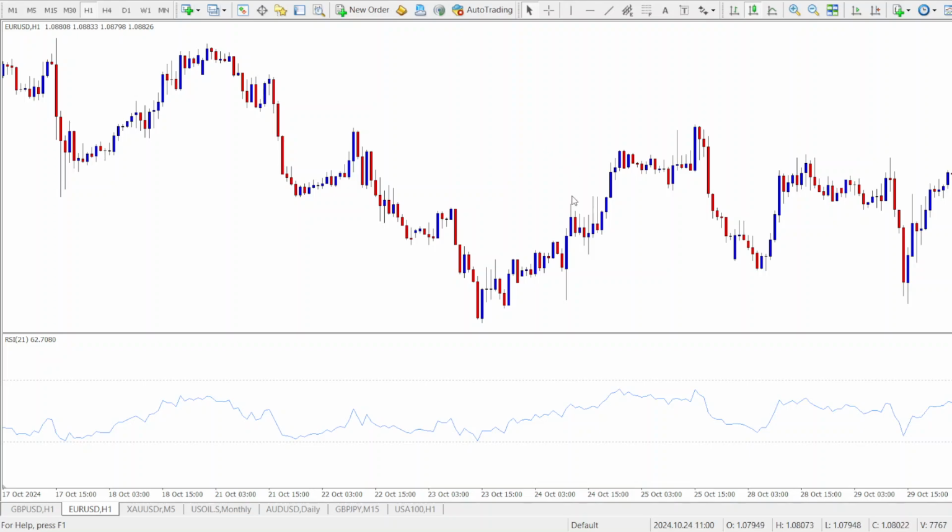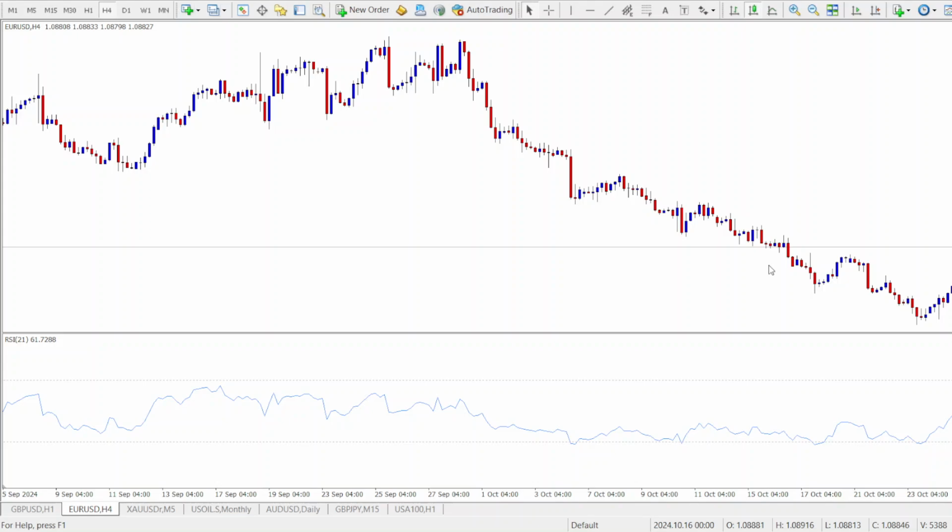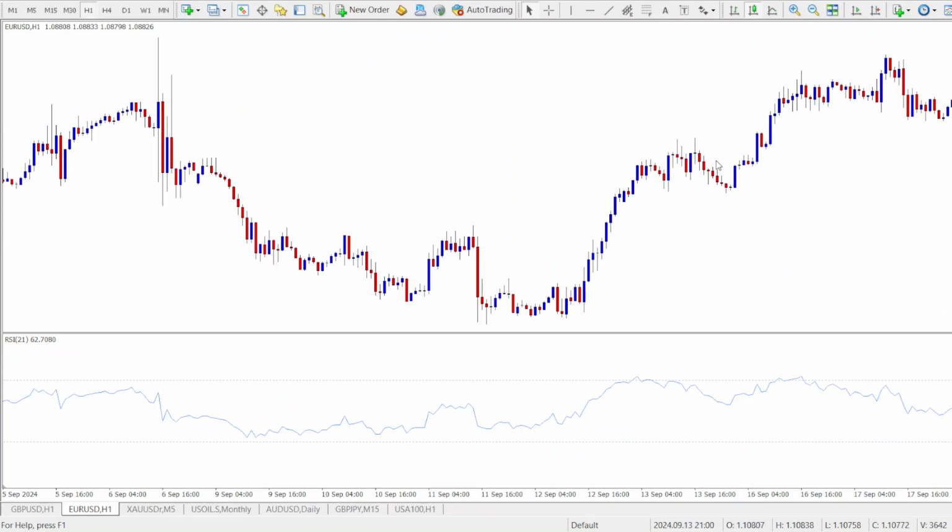Then if you are the type that prefers longer holdings, perhaps in weeks, then you can decide to trade on the 4 hour or even the daily time frame and use the 21 period setting. Then if you are the type of swing trader that just wants to capture a few days of price movements, then maybe you can decide to use the 7 period and you can still focus on the 1 hour time frame, or you can even enter the 4-hour time frame.